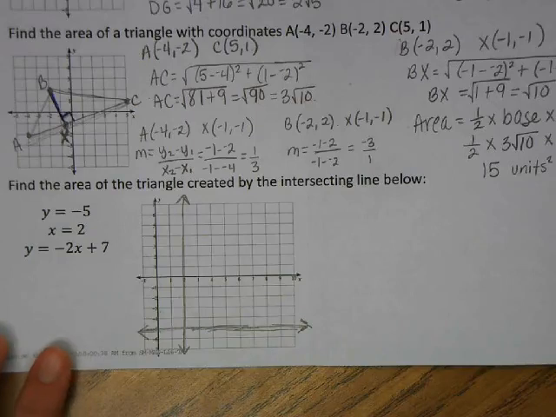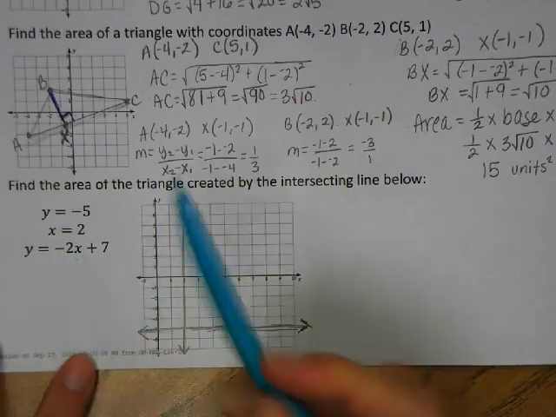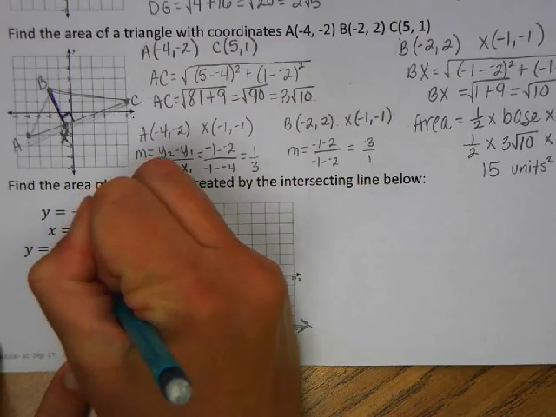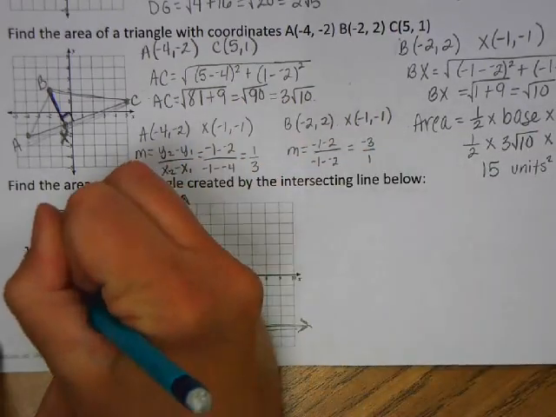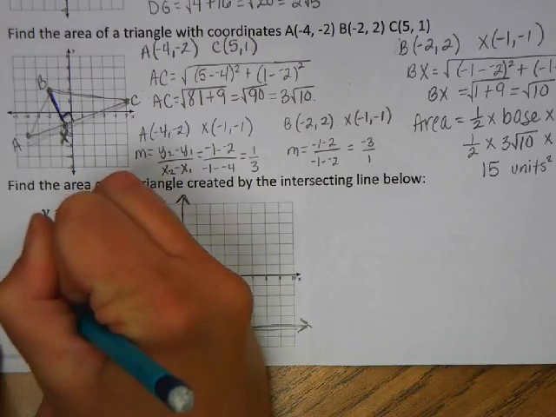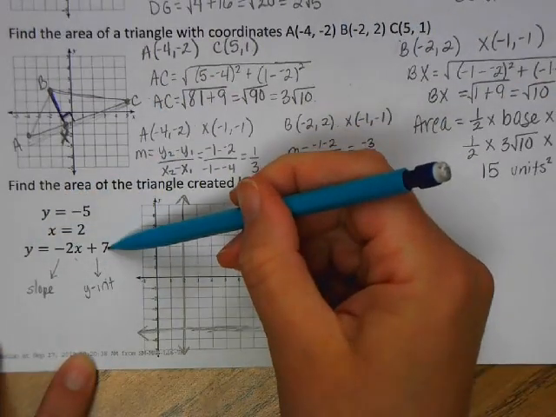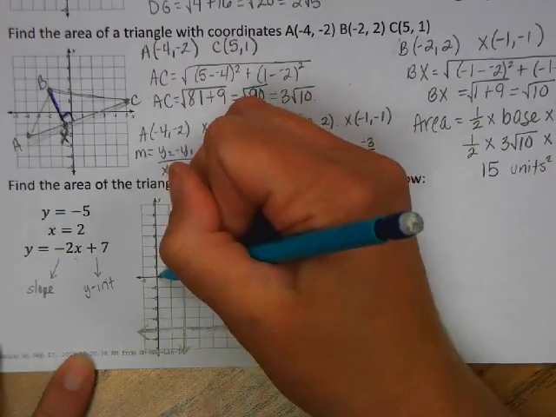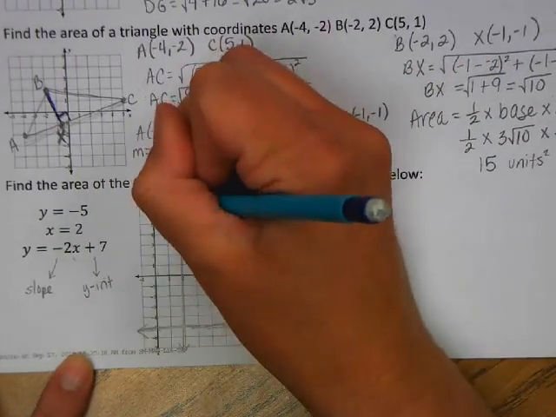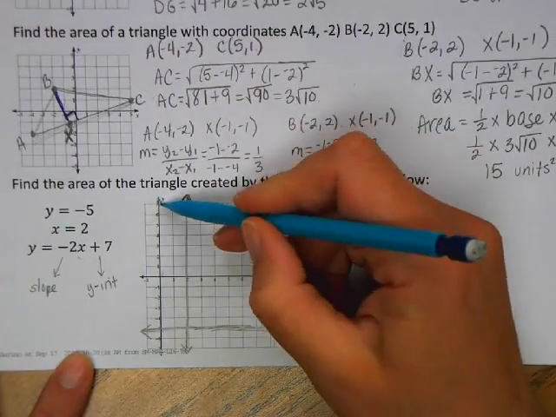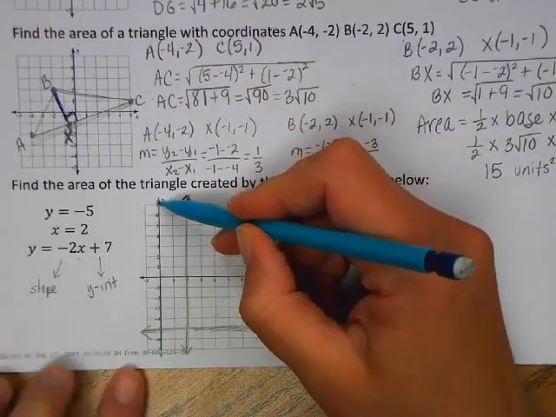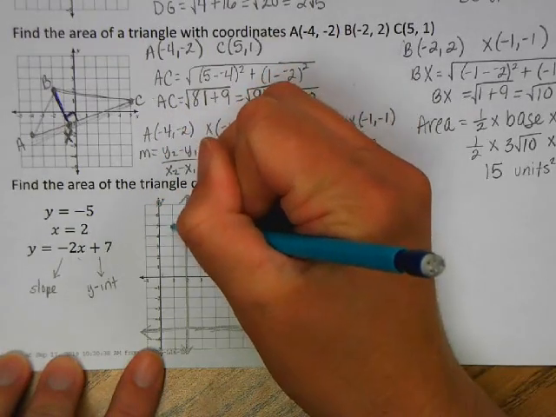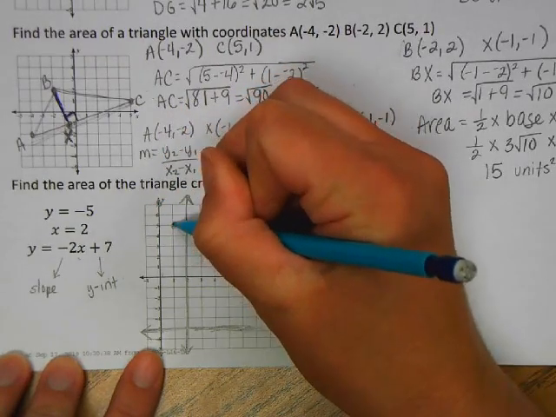And now you have an equation in slope-intercept form. So remember, 7 is the y-intercept and -2 is the slope. So go to the y-axis, go up 7, and then you're going to apply the slope. The slope is -2. So starting at 7, go down 2 over 1 and put a dot.